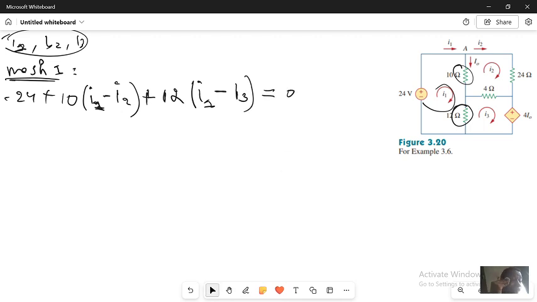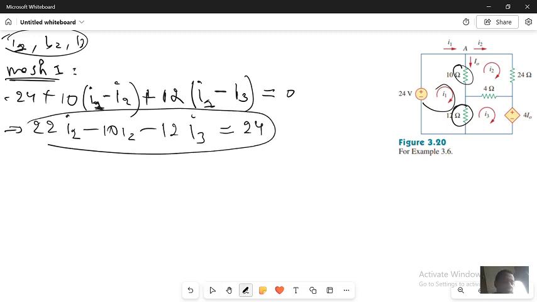Now I have to solve it. To solve it, I'll have 10 I1 and 12 I1, so it's going to be 22 I1. I have minus 10 I2 and minus 12 I3, and this minus 24 is coming this way, so it is going to be equal to plus 24. So I have the first equation. Now I come to mesh 2.